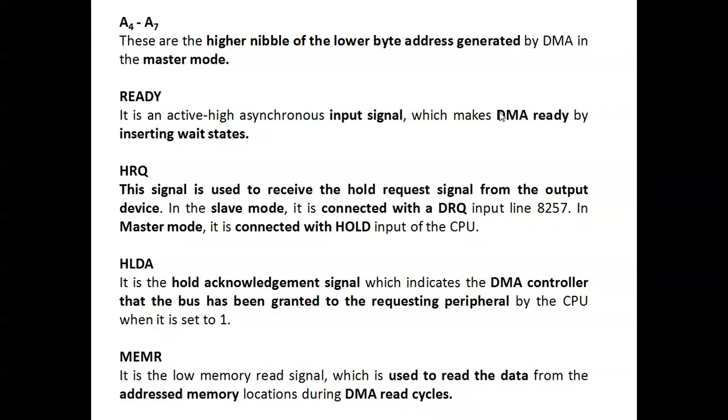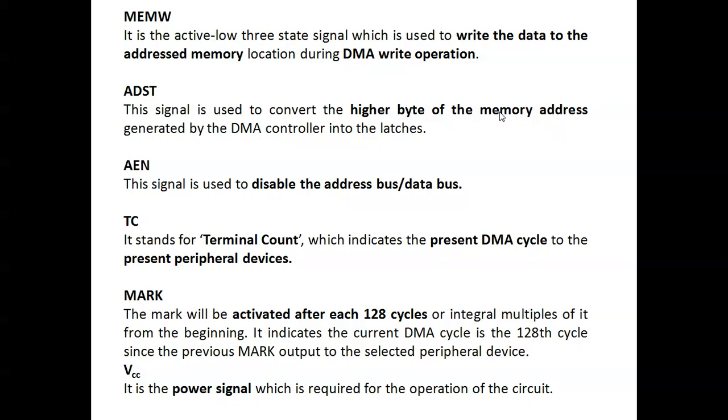HLDA is the acknowledgement signal indicating that the bus is granted to the requesting peripheral by the CPU. MEMR is the low memory read signal, used to read data from the addressed memory location during DMA read cycles, and MEMW writes data to the addressed memory location during DMA write operation.